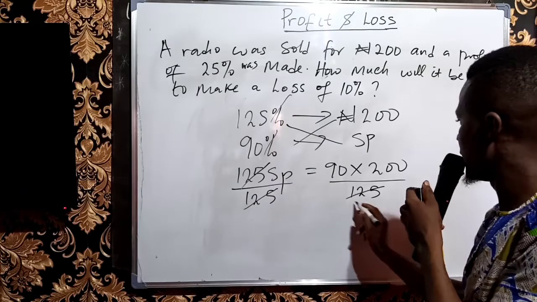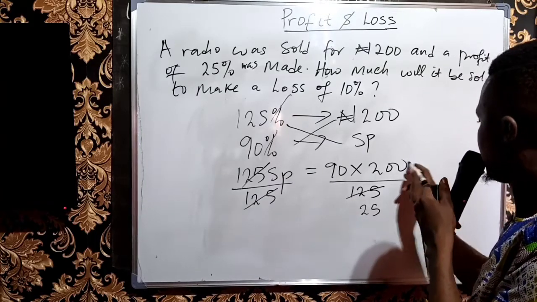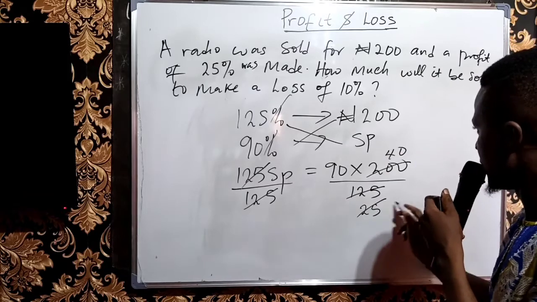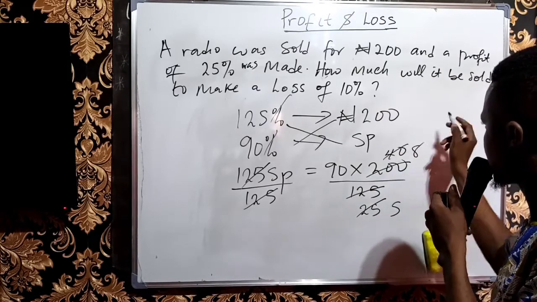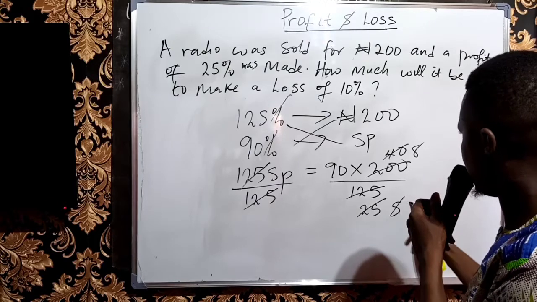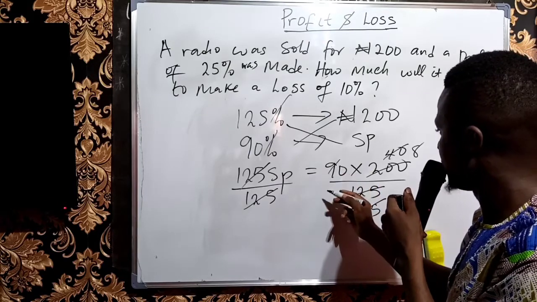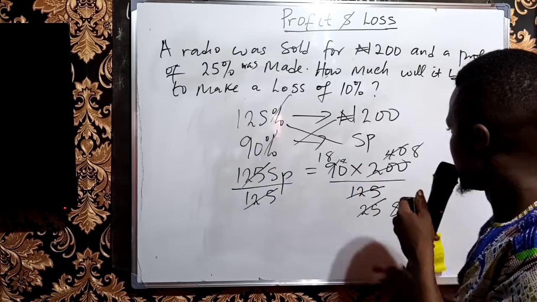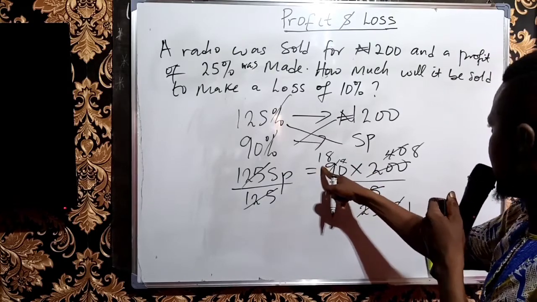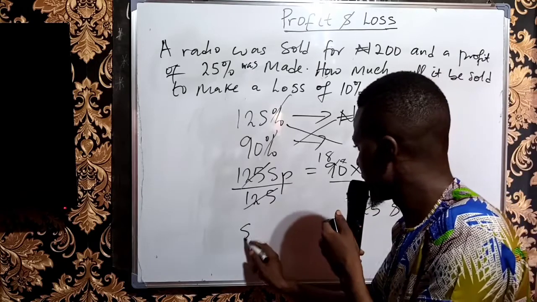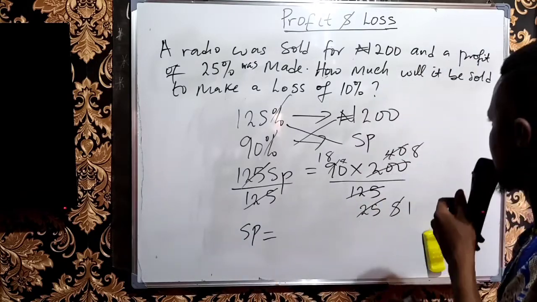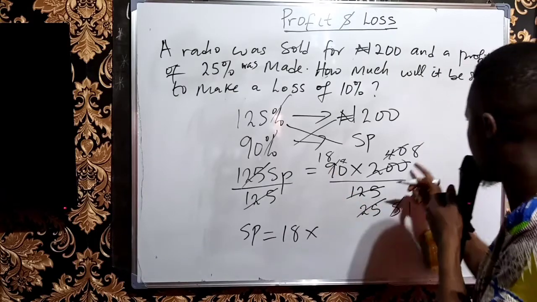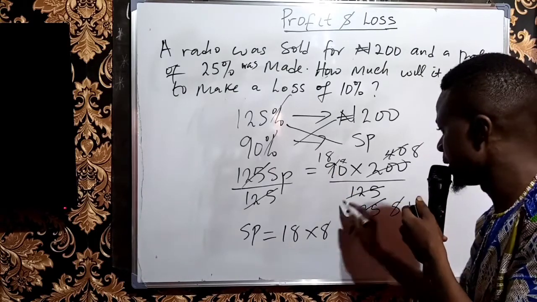Okay, so 5 into 125 is 25, 5 into 200 is 40, 5 into 25 is 5, 5 into 40 is 8. 5 into 90 gives us 18. So we are left with the selling price equal to 18 multiplied by 8, because I'm having 8 here.